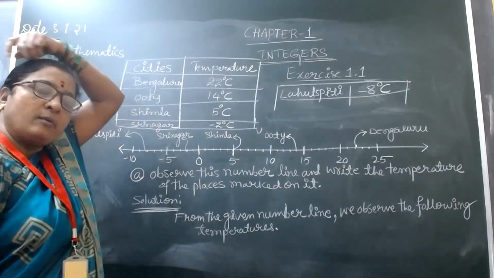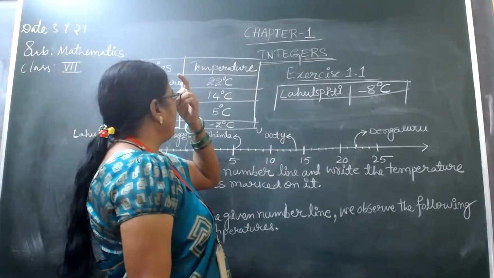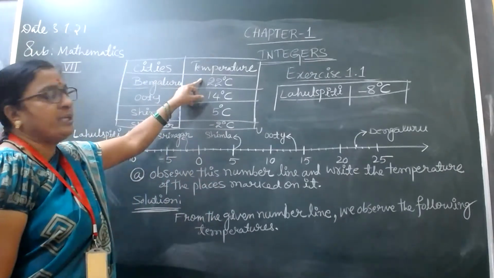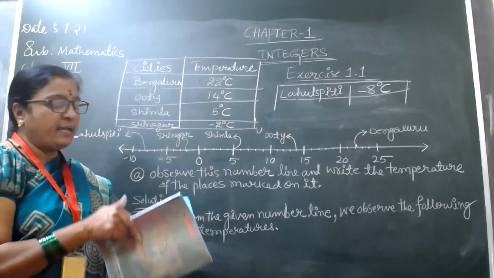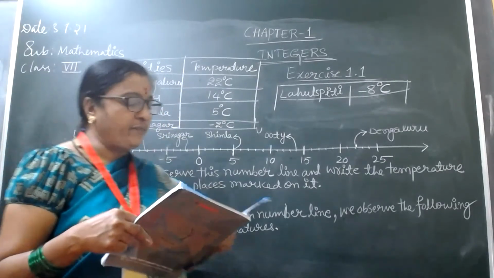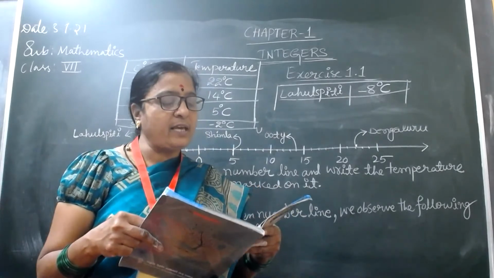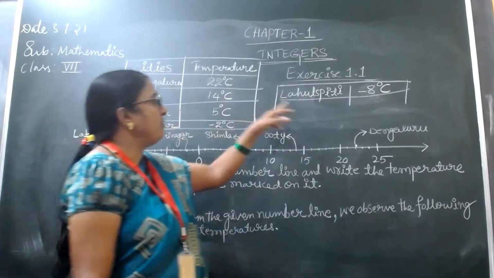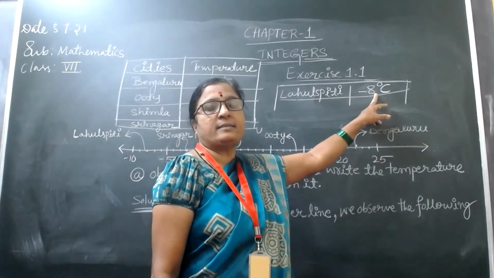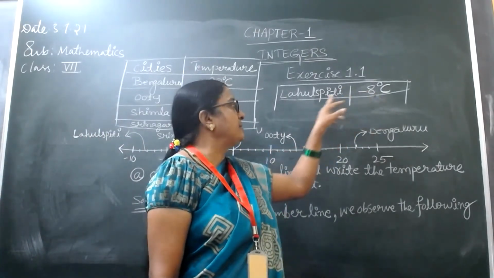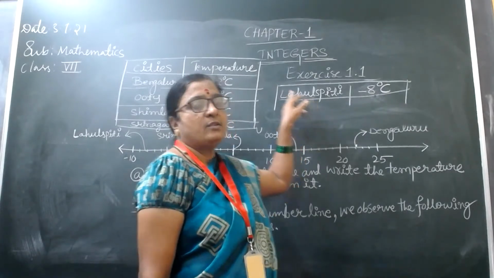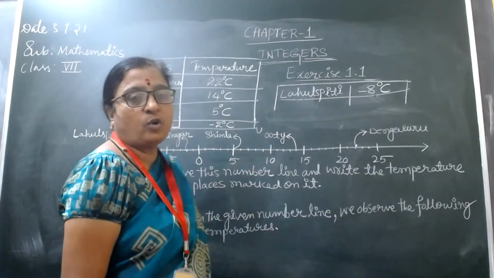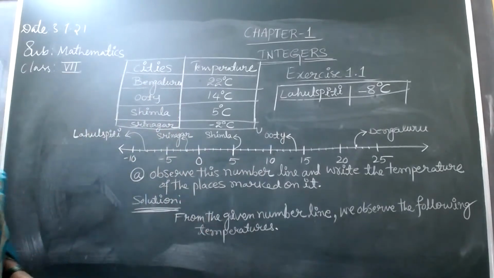The hottest place is Bengaluru, 22 degrees Celsius. And the coldest place is minus 8 degrees Celsius. So, what is the difference between these two places? They asked this in question B.